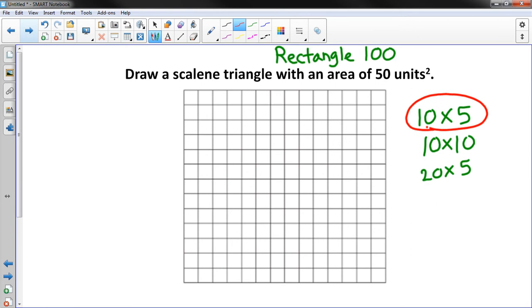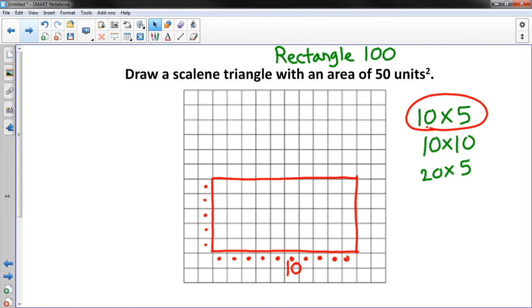So let's do that. 1, 2, 3, 4, 5, 6, 7, 8, 9, 10. So this is 10 by 5. 1, 2, 3, 4, 5. So this is my rectangle that I'm going to use to create my triangle.